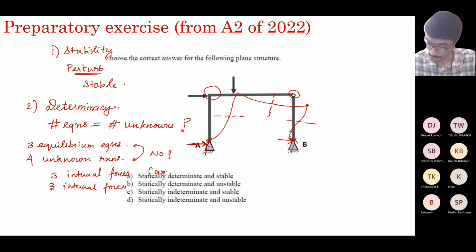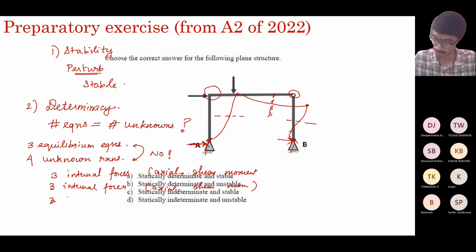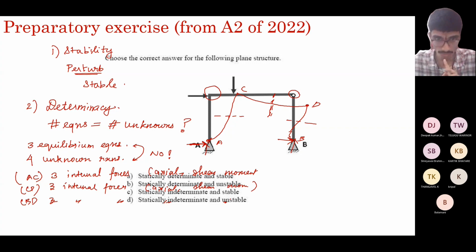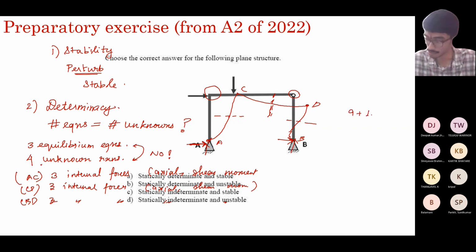They're axial, shear, moment. Similarly, here you have axial, shear, moment. Again, same thing. If we take it as A, B, C, D, for the member AC, for the member CD, and for the member BD, same thing. So totally you have 3 plus 3 plus 3 plus 4. So 9 plus 4, you have 13 unknowns.